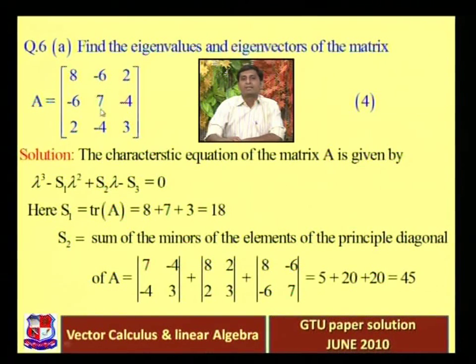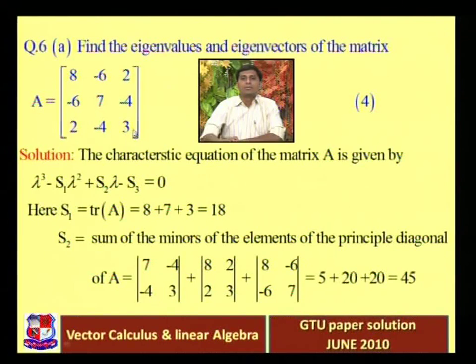Then similarly we can find the minor of 7: remove the column and the row. The remaining elements are 8, 2 and 2, 3, so that is 8 into 3, 24 minus 4, that is 20.